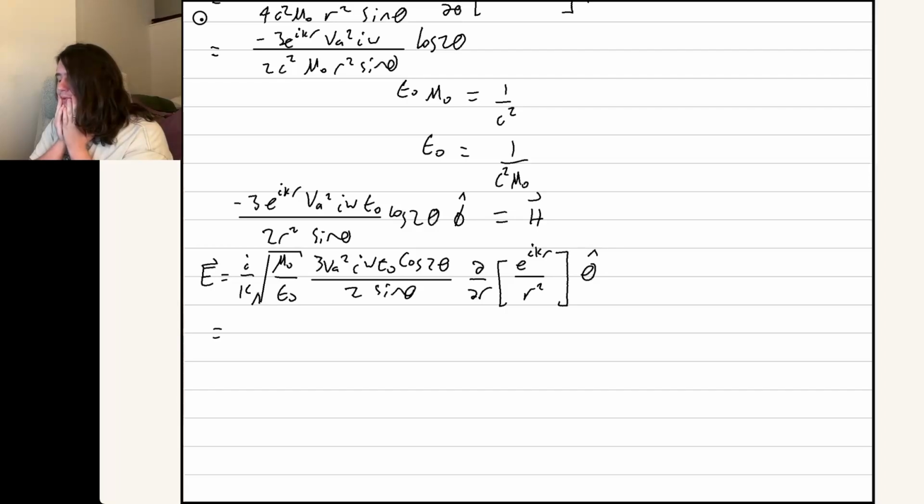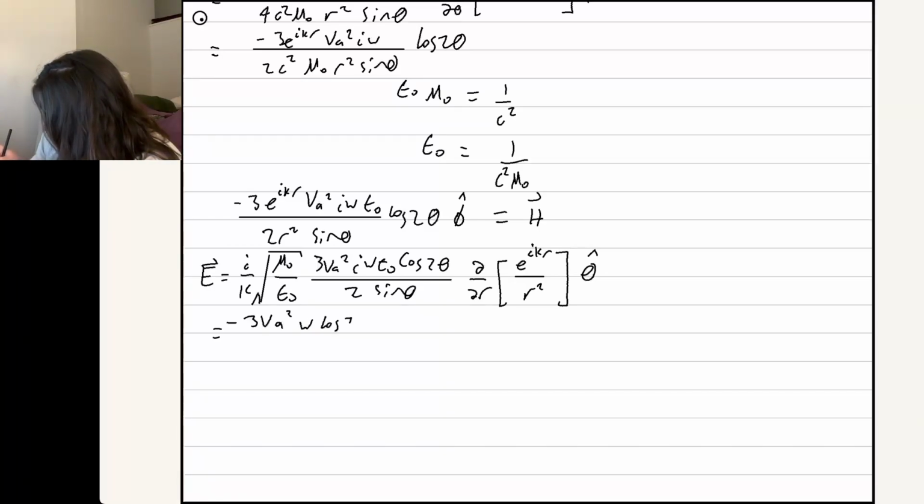So you're going to end up with the square root of mu epsilon, which is 1 over c. Okay. 3va squared. We have a minus sign now because you have two i's. It's omega cosine 2 theta over 2kc sine theta.